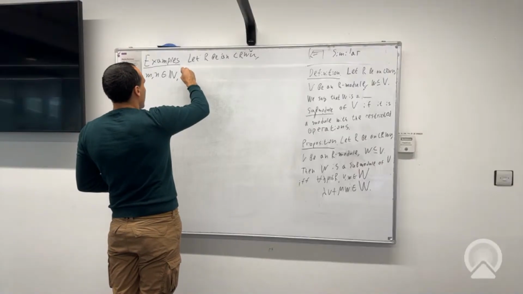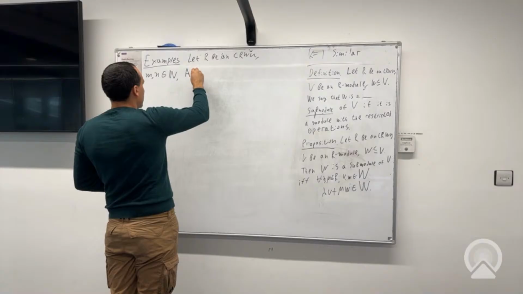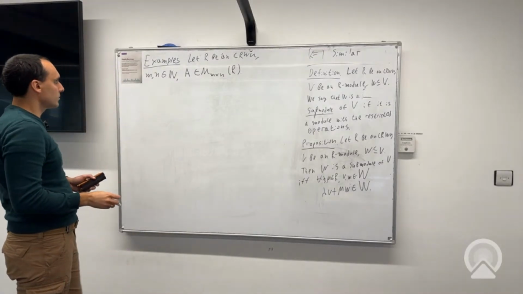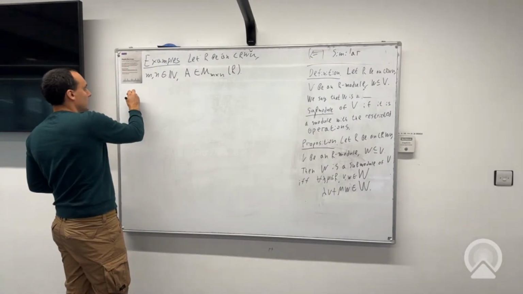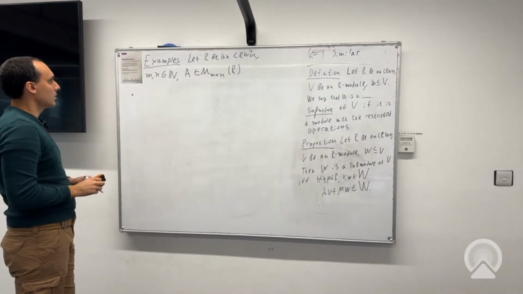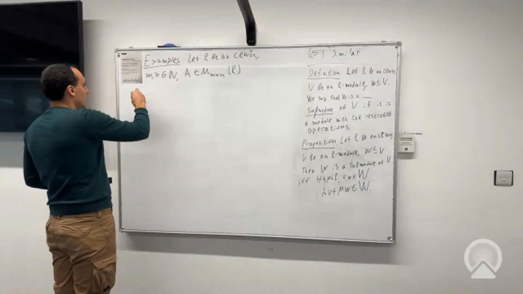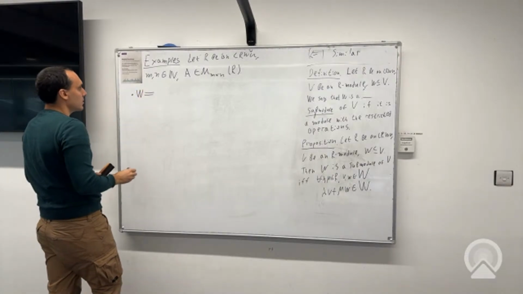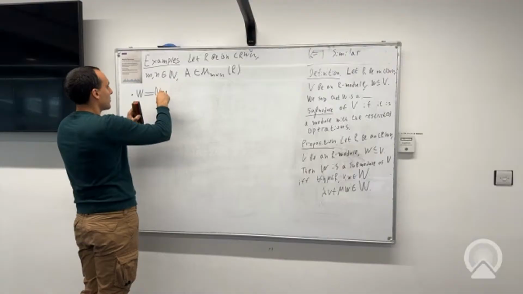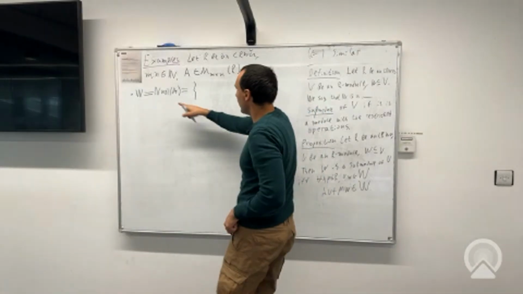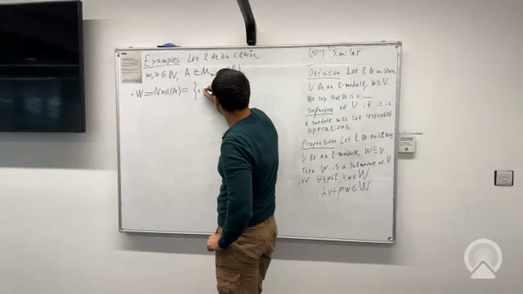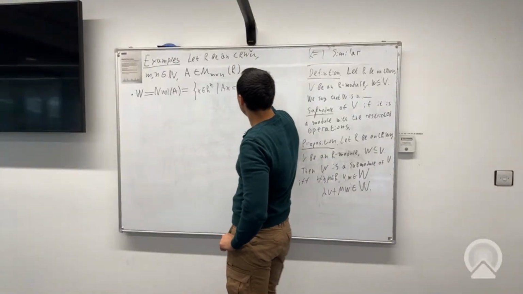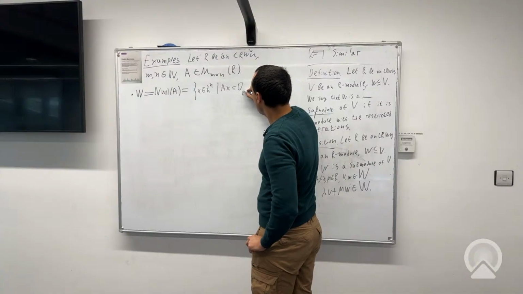And A a matrix. Then, first example: W is the null space of A. The null space of A is the set of all vectors in Rn such that Ax is the zero of Rm.